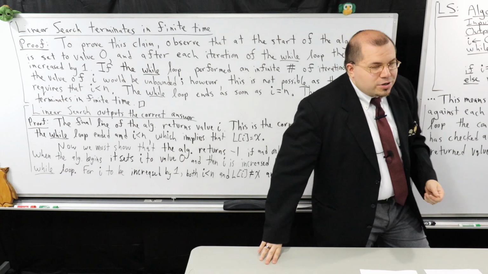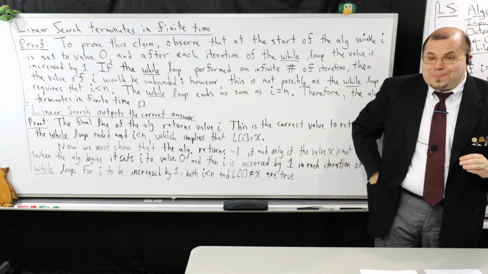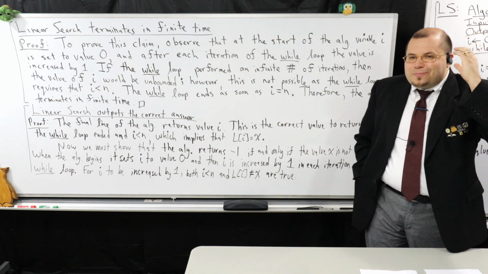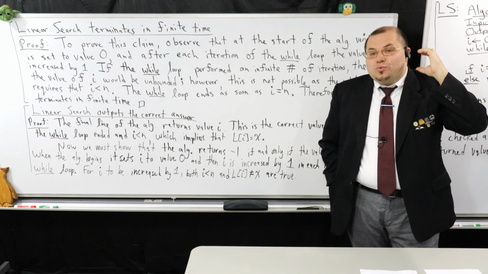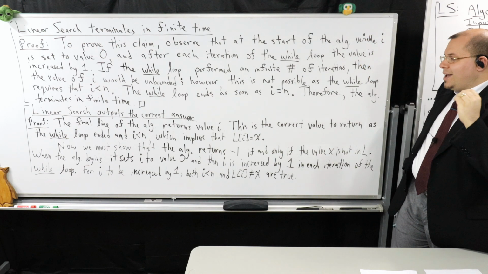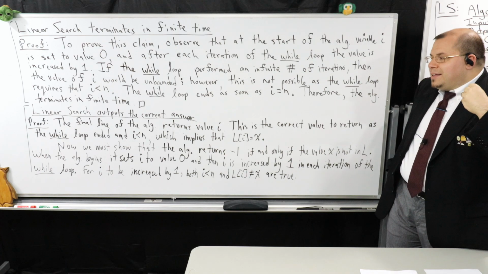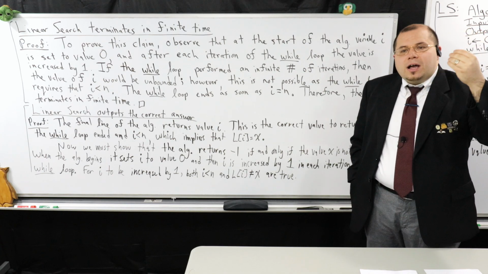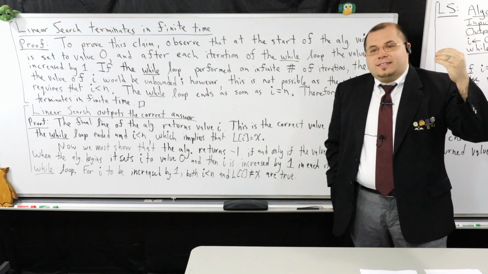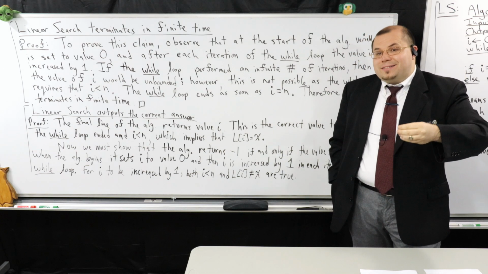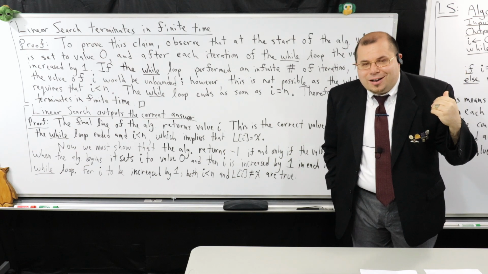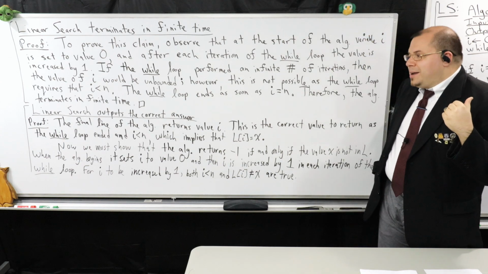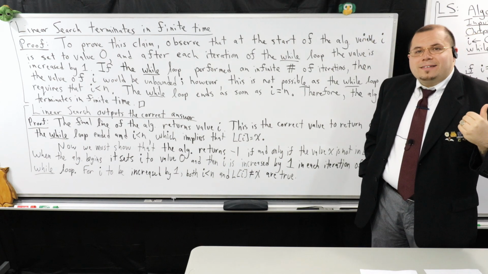Now, this is of course correct if you actually think about it. If you don't have it in front of you, look at the while loop and ask yourself, this had to have occurred if i is less than n, right? Otherwise, it would go right to returning -1, right? But that means that the while loop ended when i is less than n.